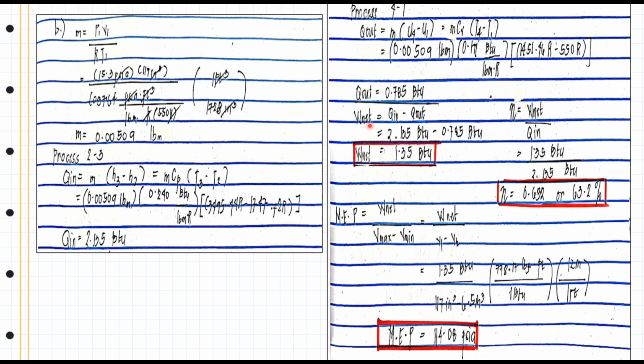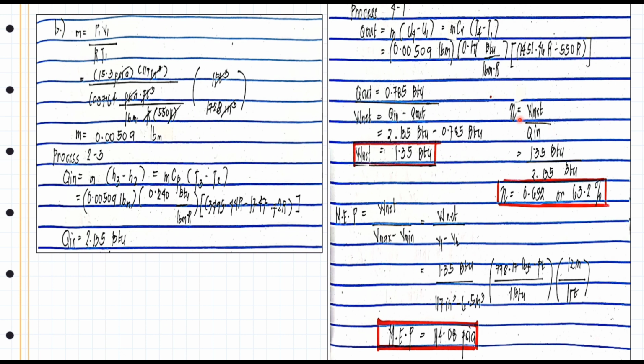Next, we are going to solve for our Wnet. We have this formula: Wnet is equal to Qin minus Qout. So we have 2.135 BTU minus 0.785 BTU, so our Wnet is equal to 1.35 BTU. And next we are going to solve for our efficiency.